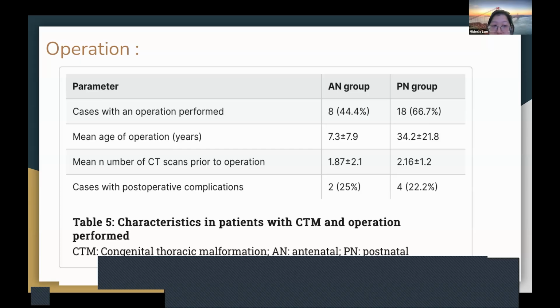The average number of CTs performed in the AN group is less than 2, while in the PN group it is 2.16. 2 cases experienced post-operative complications in the AN group, and 4 cases in the PN group, which in both groups is around 1/4 of all the operated cases.